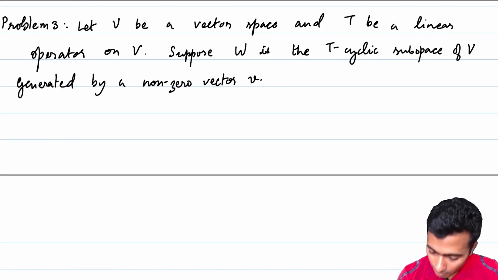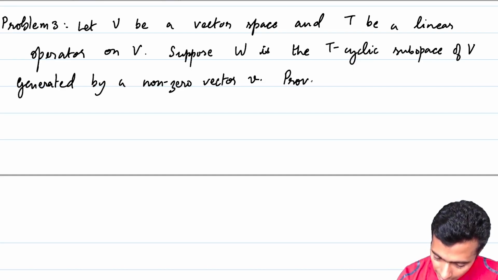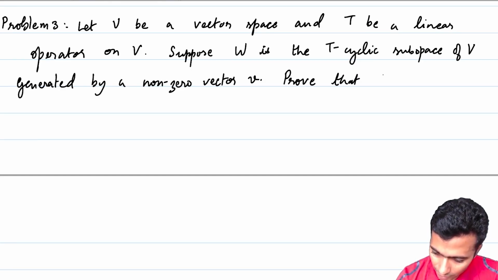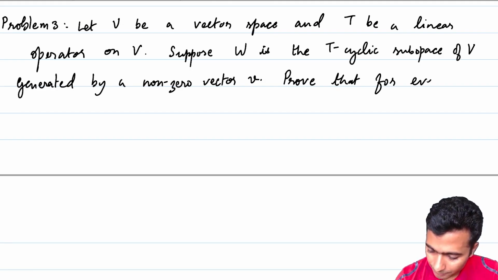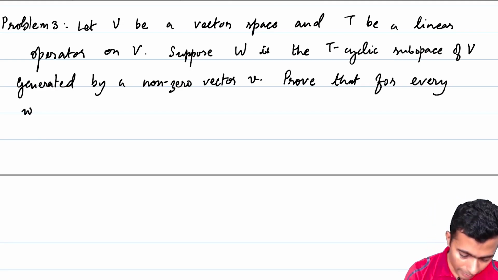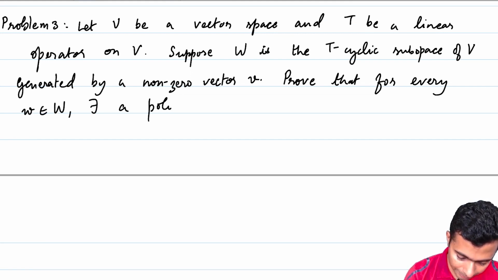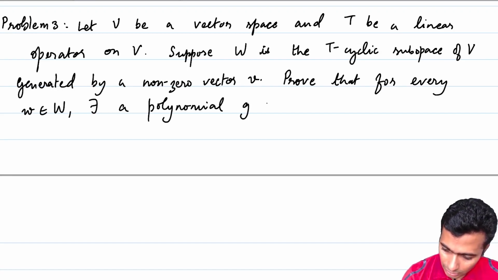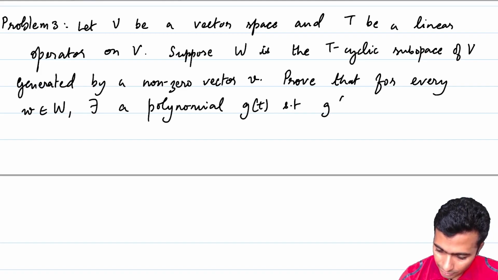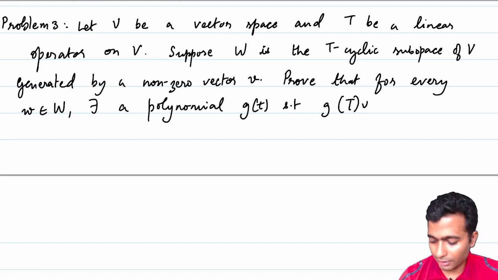So that is the problem. Prove that for every w in W, there exists a polynomial g(T) such that g(T)V is equal to w.